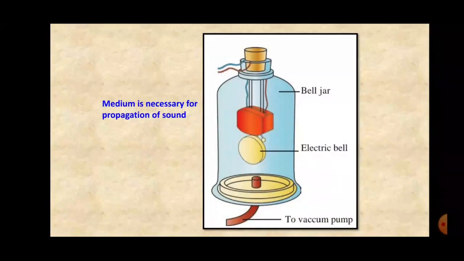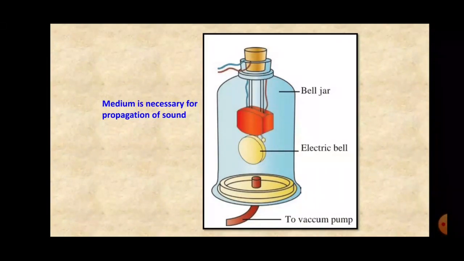And thus the quantity of air inside the bell jar decreases, and as the air decreases, the sound of the bell is also becoming less, right? So why is the sound becoming less audible? Because the medium is becoming less because of the vacuum pump.